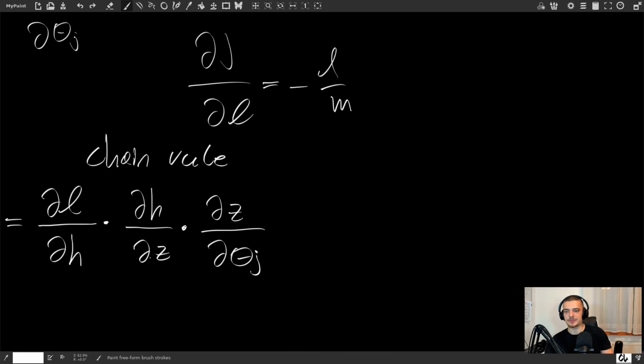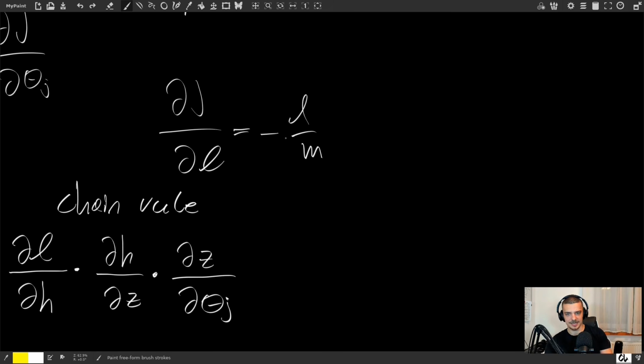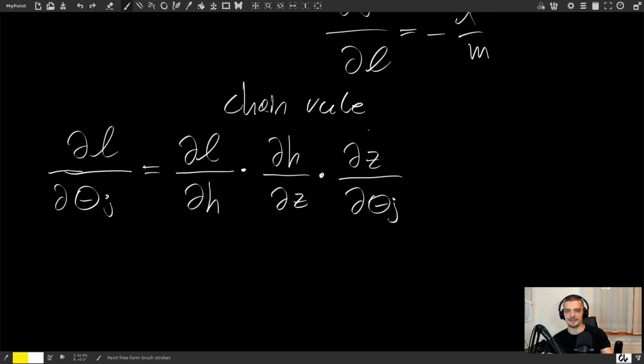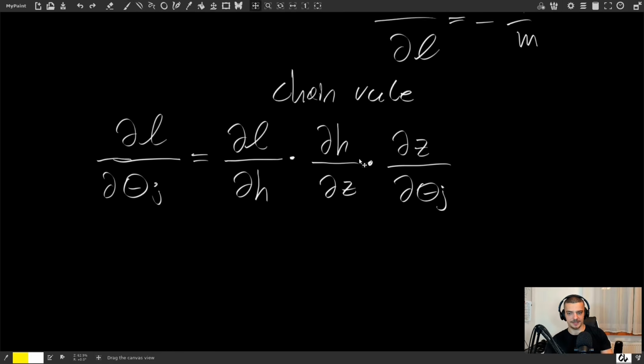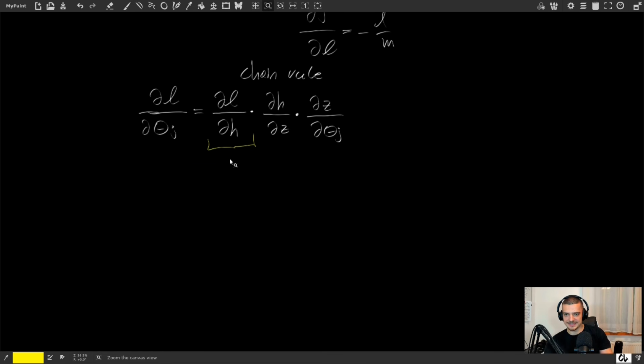So what we do now is we calculate these three partial derivatives, and then we just multiply them together, and then we can also take them again times -1 over m, and then we have the actual effect here, the actual derivative. So we're going to do this now. I'm going to do it on a basic level. However, the simplifications are something I'm going to skip.